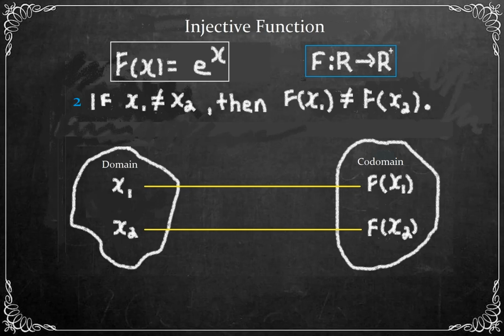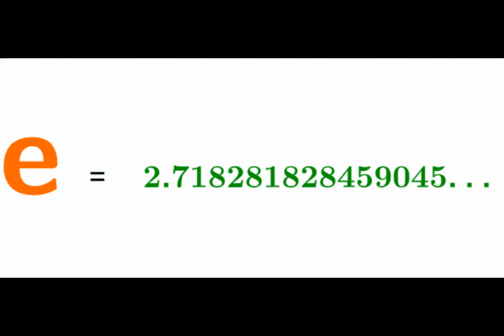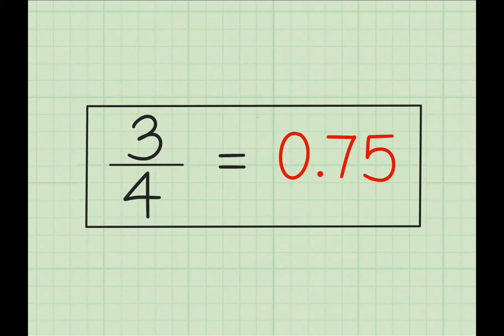For the benefit of those who don't know, briefly, Euler's number e is a mathematical constant, approximately 2.71828. It's an irrational number, which makes it almost impossible to reason with. Now, which actually just means we cannot write it as a fraction, as an exact value, such as the number 0.75 equals exactly the fraction 3 over 4.